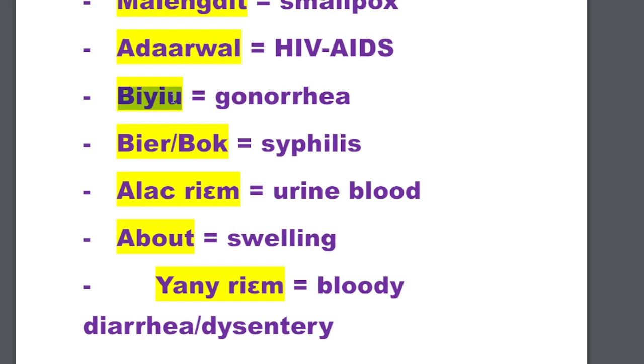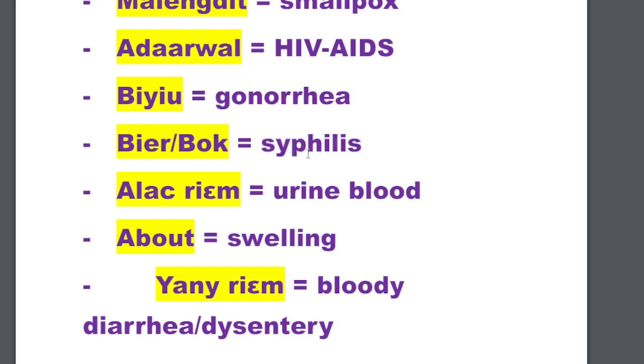Another word is bier or bok, which means syphilis. Syphilis in Dinka is called bier or bok.